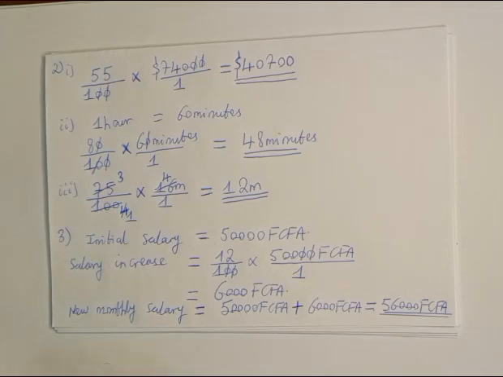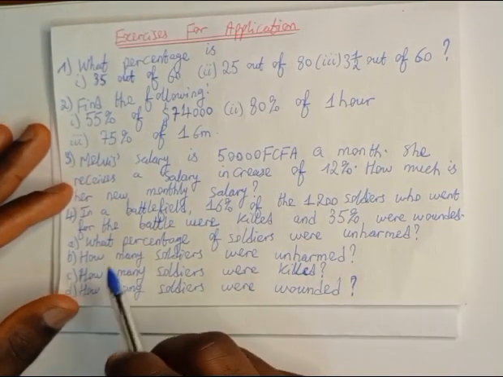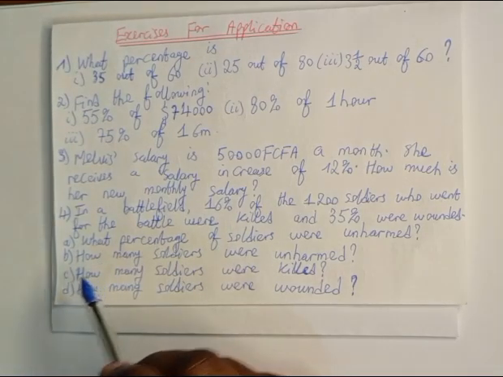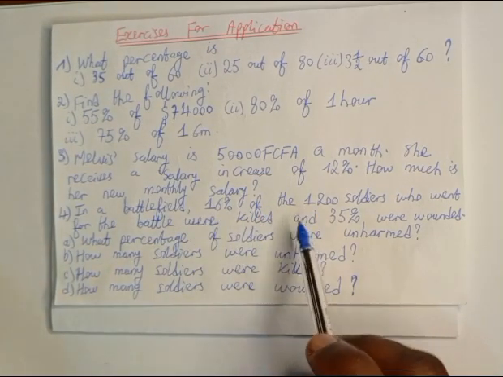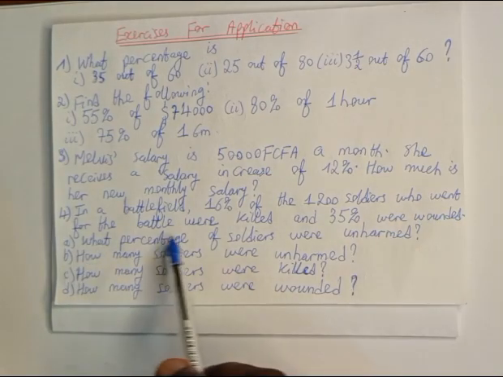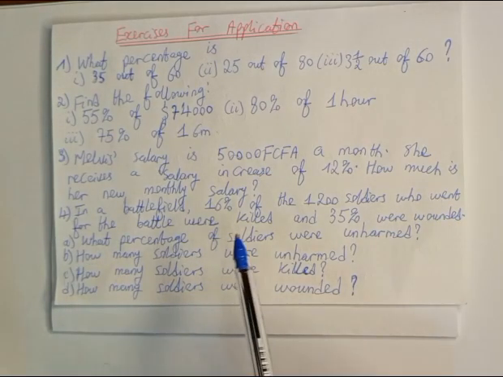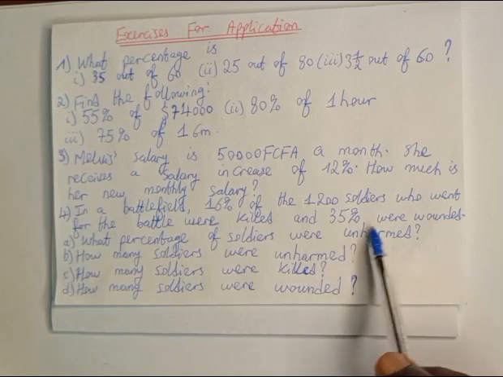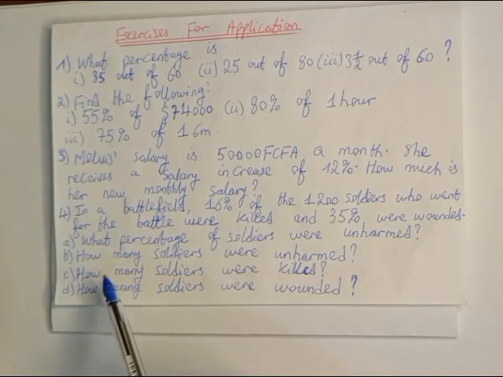We go to question 4. Question 4, it says, in a battlefield, 16% of 1,200 soldiers who went for the battle were killed, and 35% were wounded.